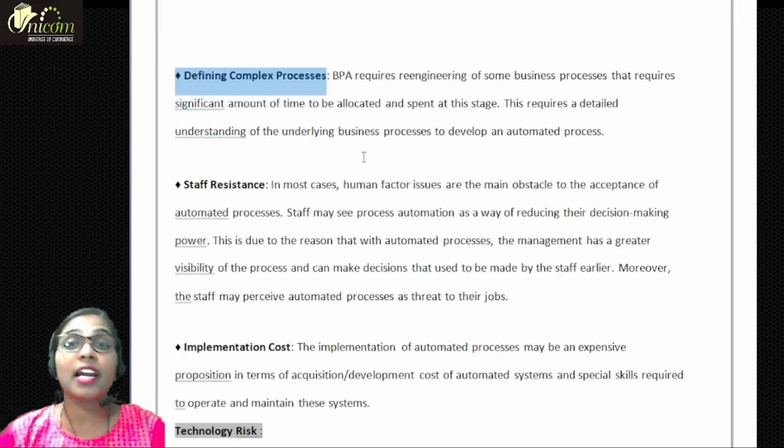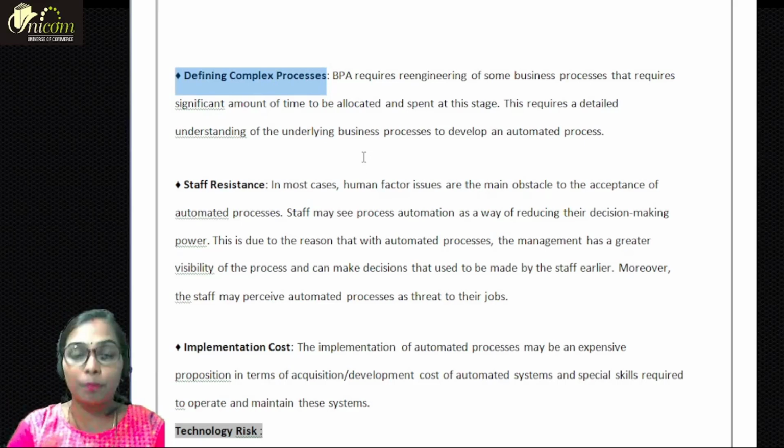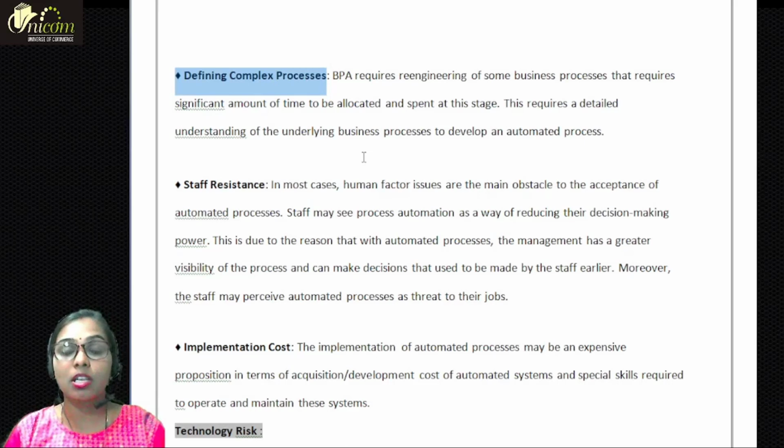Defining complex challenges means when you have a process that is very difficult, confused or big, then how that process should be maintained and how you should go ahead with it, with a proper flow chart or a proper way of doing it, should be properly defined, right?